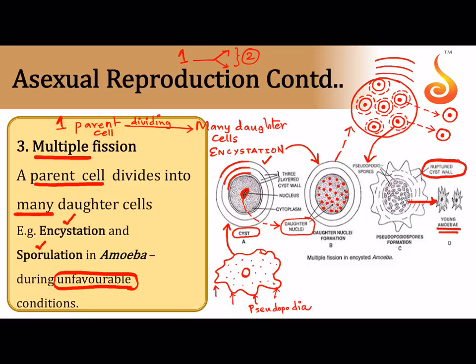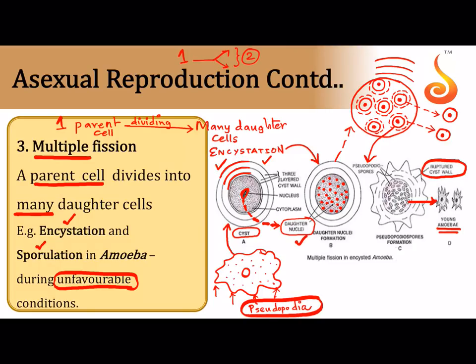What is the first step? The first step is where the pseudopodia of the amoeba are withdrawn. It gets rounded off and it develops a 3-layered thick cyst wall. And then this cell is now in a period of rest. And then when there is return of favorable condition, the nucleus divides by multiple fission to produce multiple daughter nuclei.